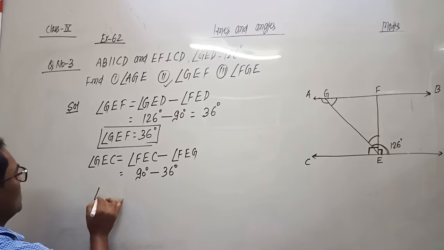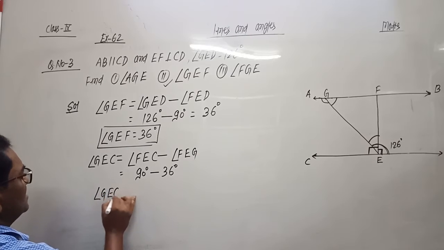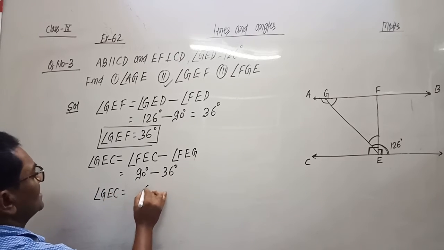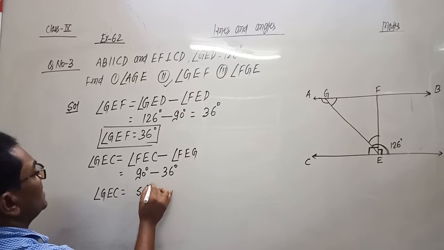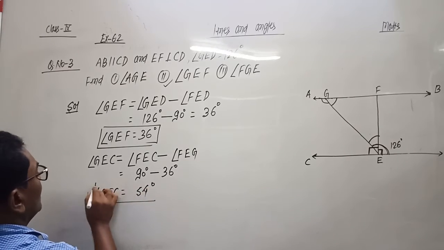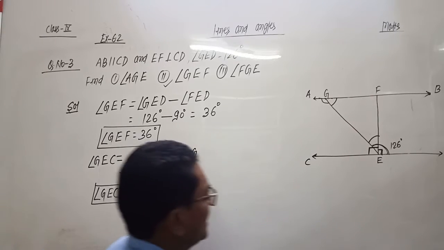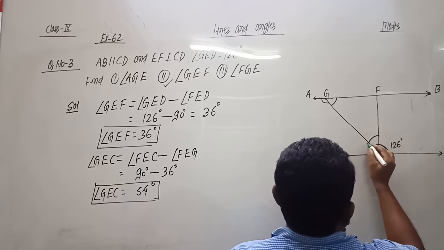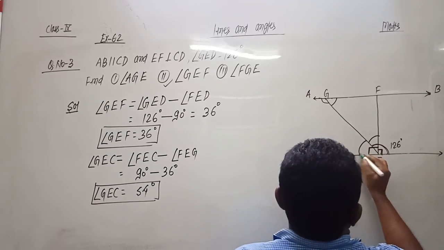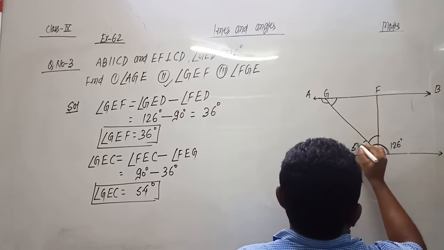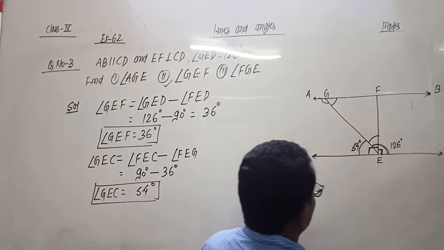So we get the value of angle GEC, 90 minus 36, 54 degrees. This angle is 54 degrees.